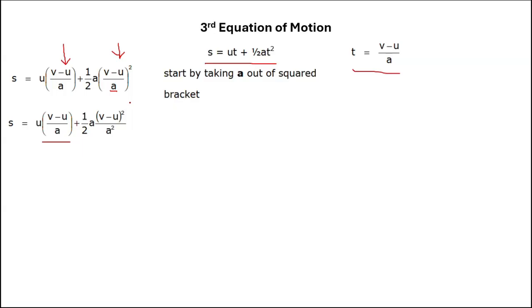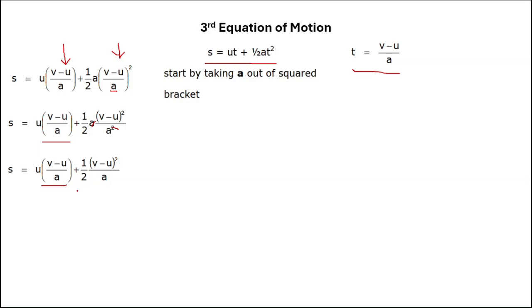Simplifying again, we have s is equal to u times v minus u divided by a, plus half a square, and a gets cancelled by the square. So the remaining thing is half v minus u square divided by a.